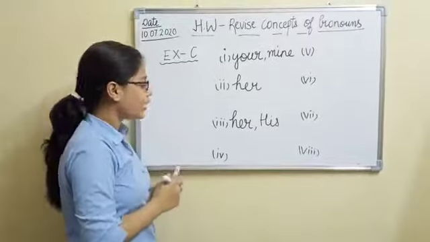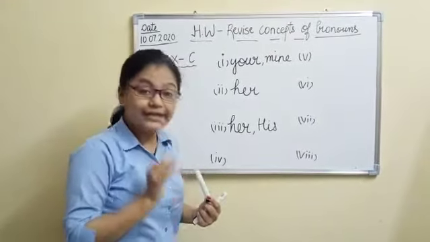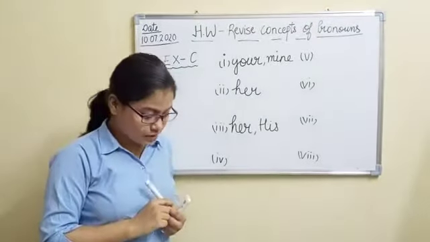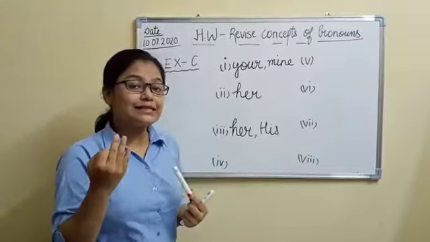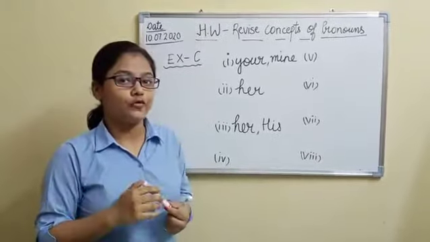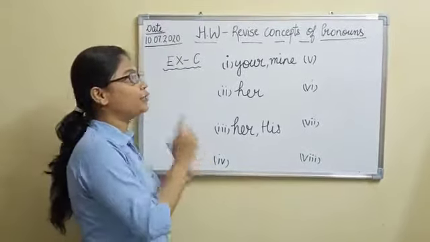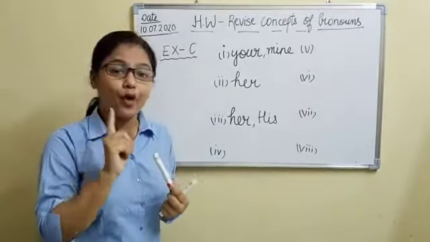Right? Now the fourth blank. The earth revolves on dash axis. And what are the options? Options are his, your, its with an apostrophe, and then its, simple its without apostrophe. Students, just now I told you that whenever we write possessive pronouns, we do not make use of an apostrophe.